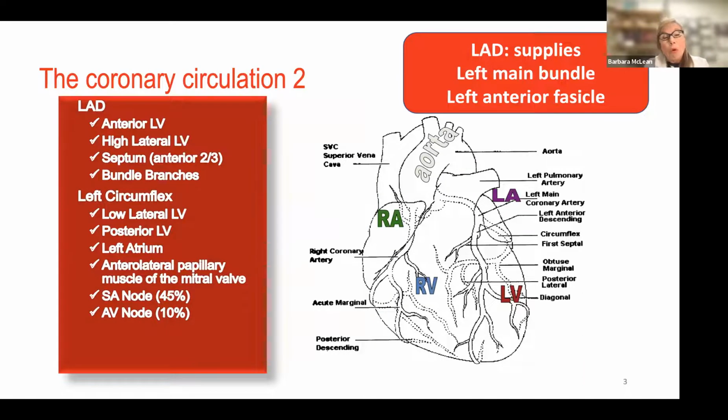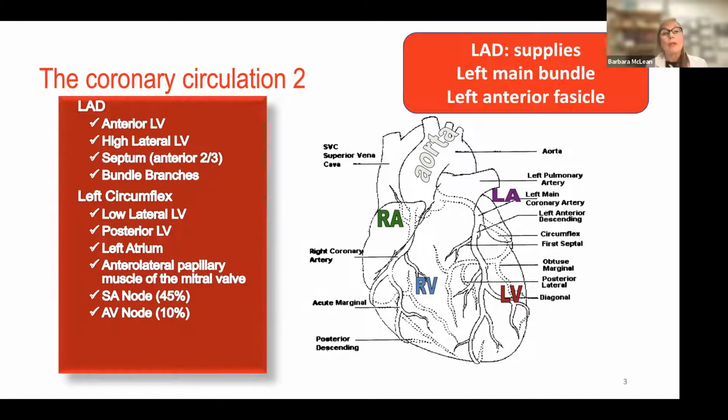But it is more common to see a loss of the anterior division of the bundle branch, and that's, again, supplied by the left anterior descending coronary artery.